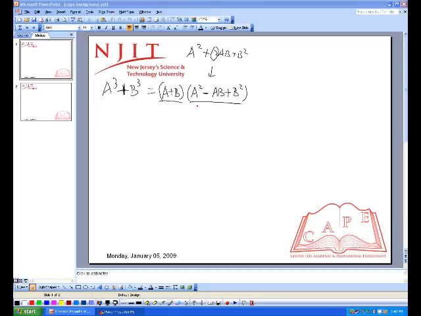So there are some things you should try to note. Try not to confuse it with the other formula. So also a cubed minus b cubed is equal to a minus b times a squared plus ab plus b squared.